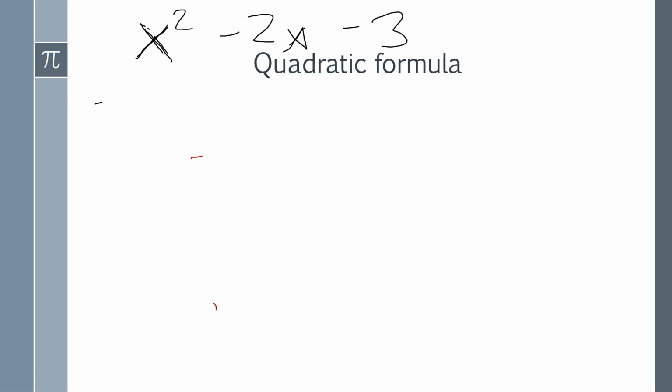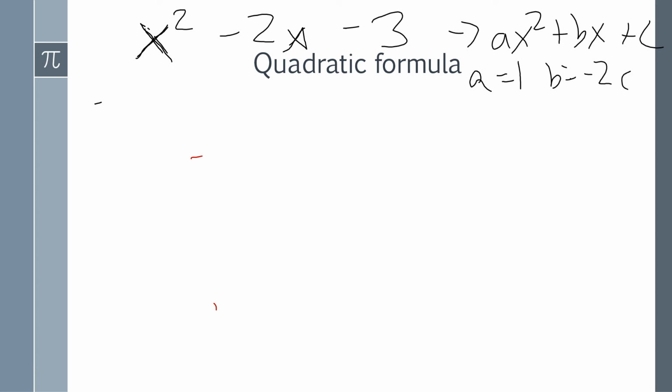So remember ax squared plus bx plus c. That's the standard form where a and b and c are numbers. So a is 1, b is negative 2, and c is negative 3.